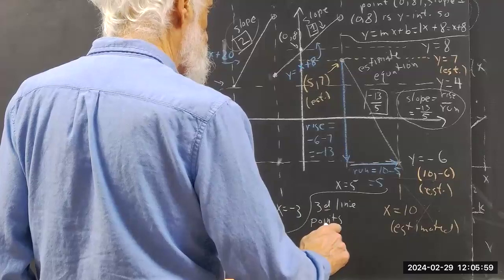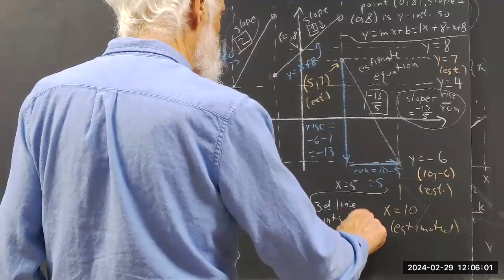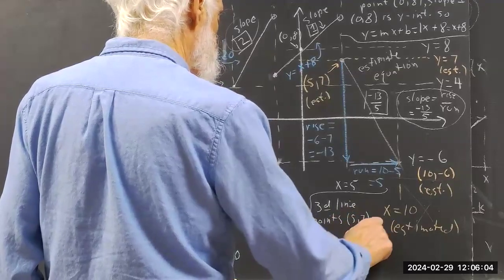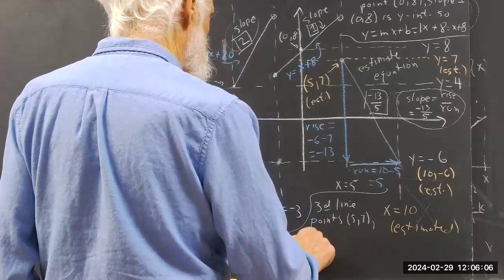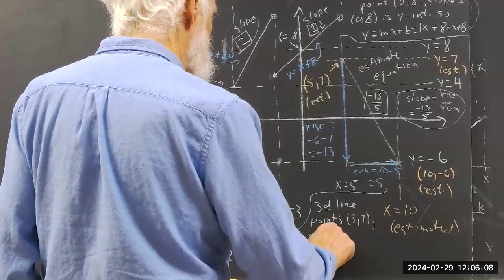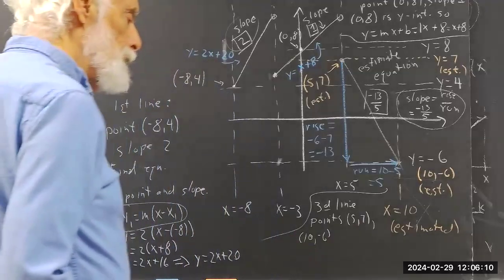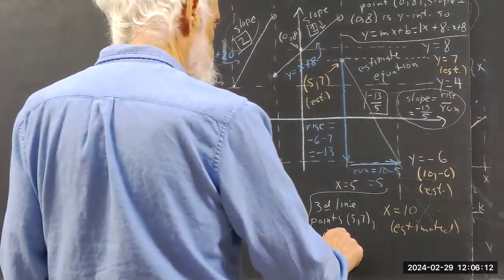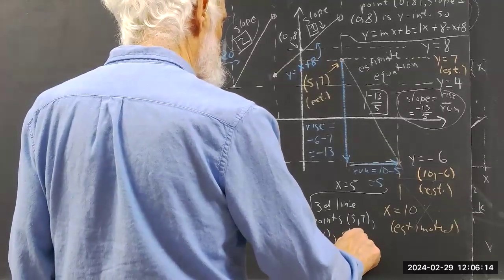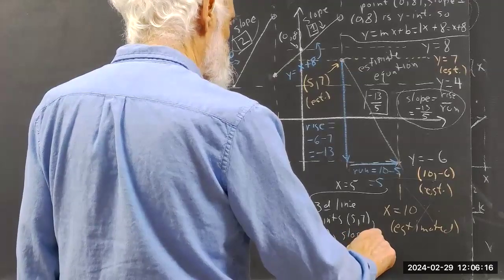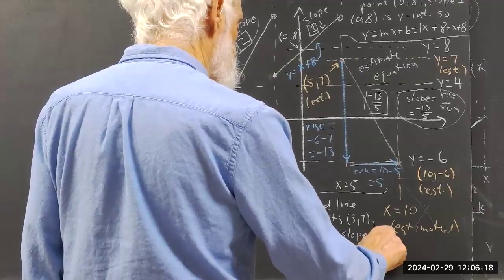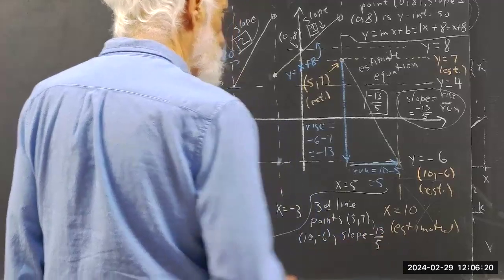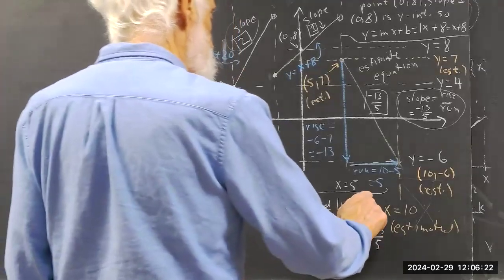Points are 5, 7, and 10, -6. The slope is -13/5.